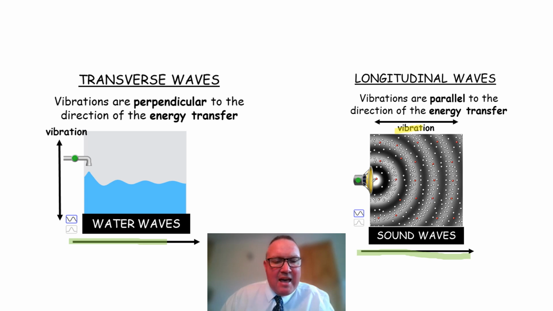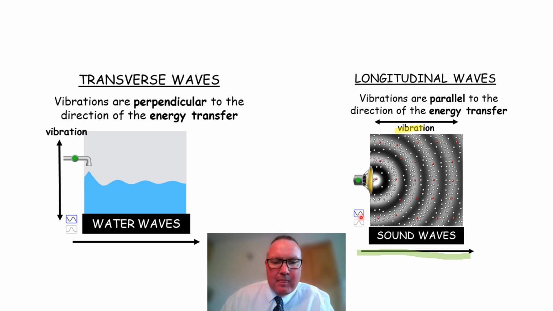But the energy is carried across the water. So what we say is that the vibrations are perpendicular, at right angles, to the direction the energy is transferred. To help you remember that, transverse wave starts with the letter T, and the letter T has a big right angle in it. So the vibrations that make the wave are perpendicular or at right angles to the direction the energy is transferred by the wave.